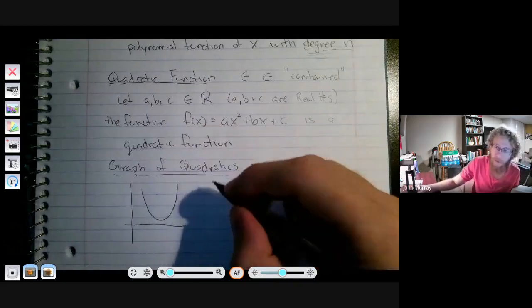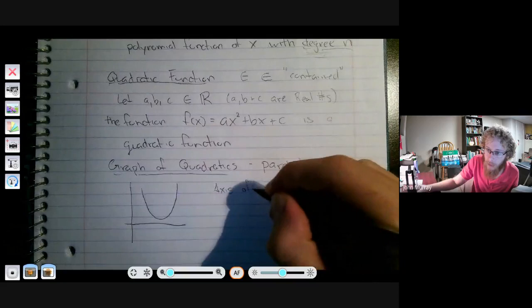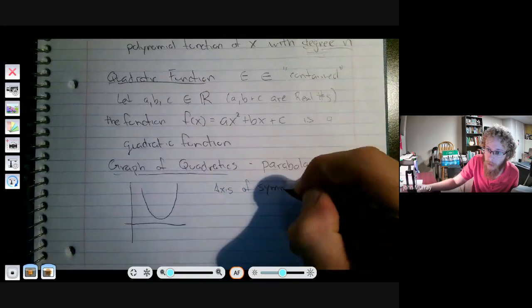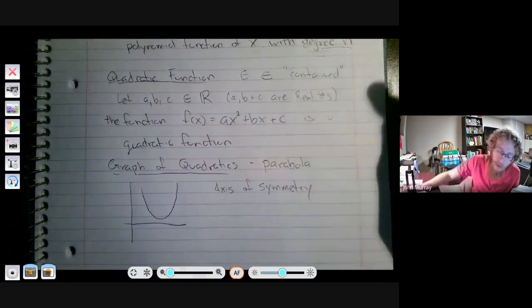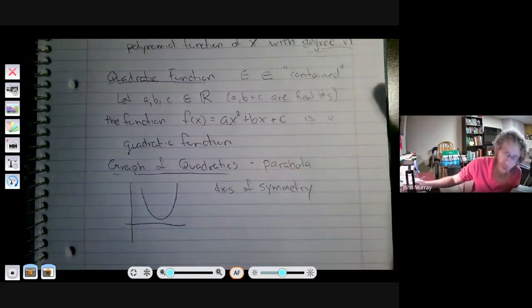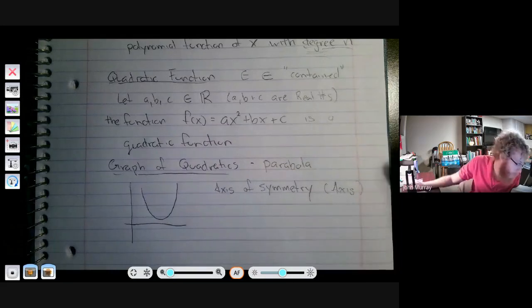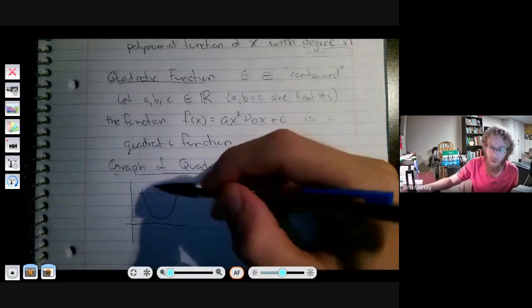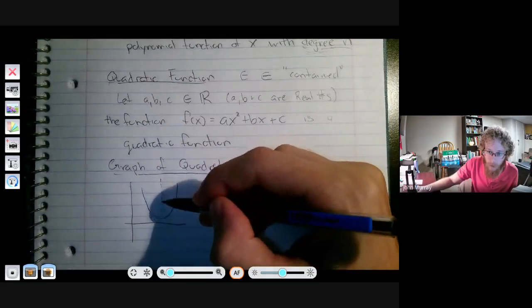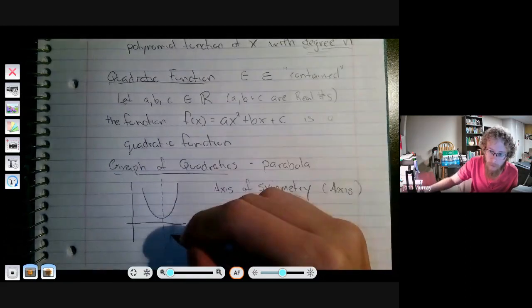First, we have an axis of symmetry, or sometimes just known as the axis. On your graph, it goes through the middle of your parabola.